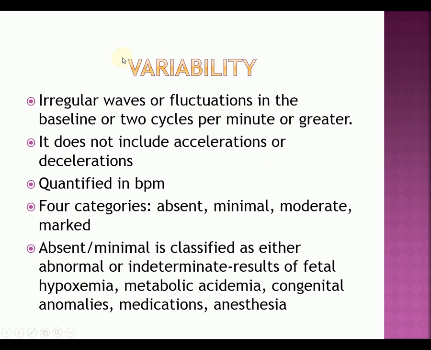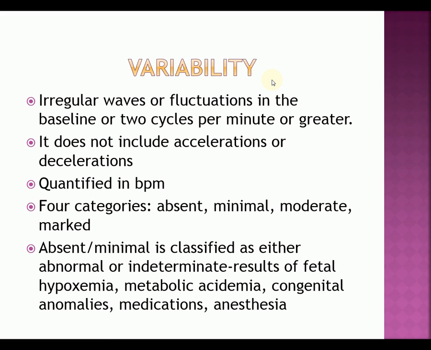Now we're going to talk about variability. Variability is one of the things that tells us a whole lot about the oxygenation of our fetus. And moderate variability is probably the best indicator of acid-base balance in your fetus. If you don't have variability, you've probably got a bad baby, if it's not related to either that you gave the mom drugs or the baby is in a sleep pattern.